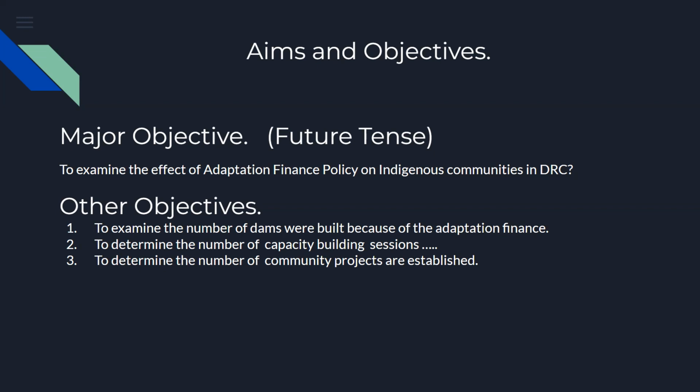All these 3 smaller objectives are derived from the major objective: to examine the number of dams that were built because of adaptation finance, to determine the number of capacity building sessions, to determine the number of community projects that have been established, etc. So you observe all these smaller objectives are subsections of the major objective, meaning once you have your major objective, you can determine which things can help you measure adaptation finance in your community.